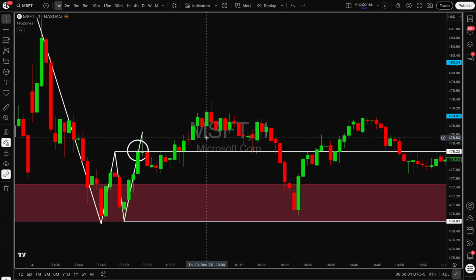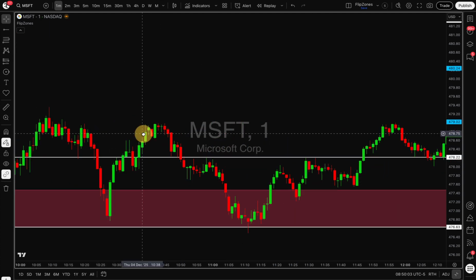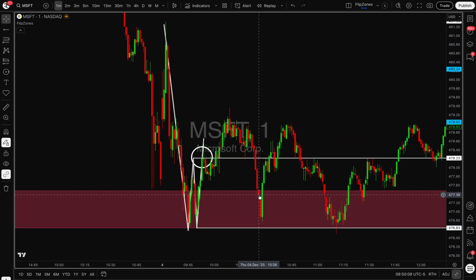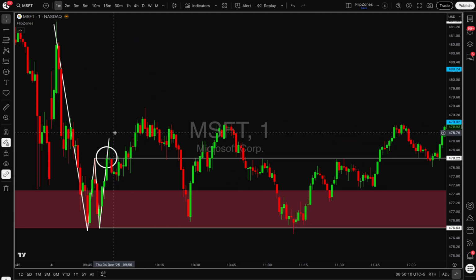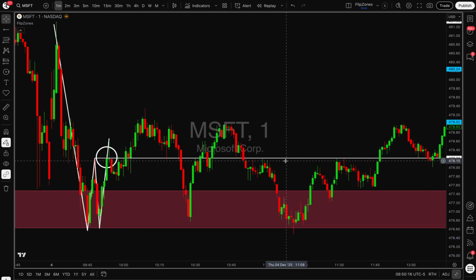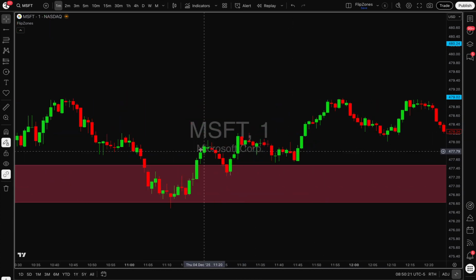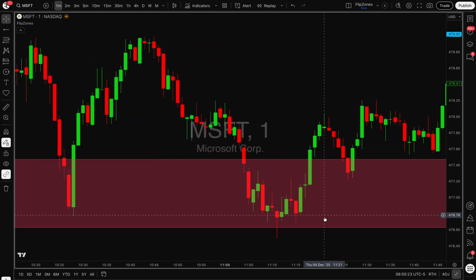Now that trade didn't really go very far because it hit our stop loss a little bit later, but there's still enough space for you to take some profits and reduce your stop loss. And if you get stopped out here, which I did, you can re-enter if you get another sequence. And we did.